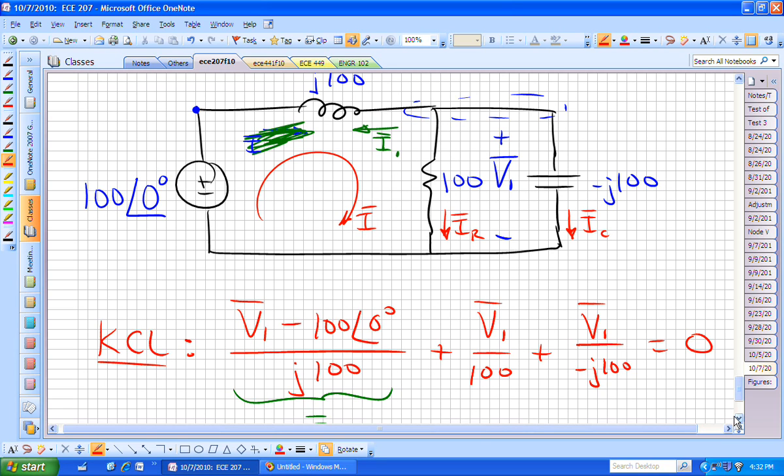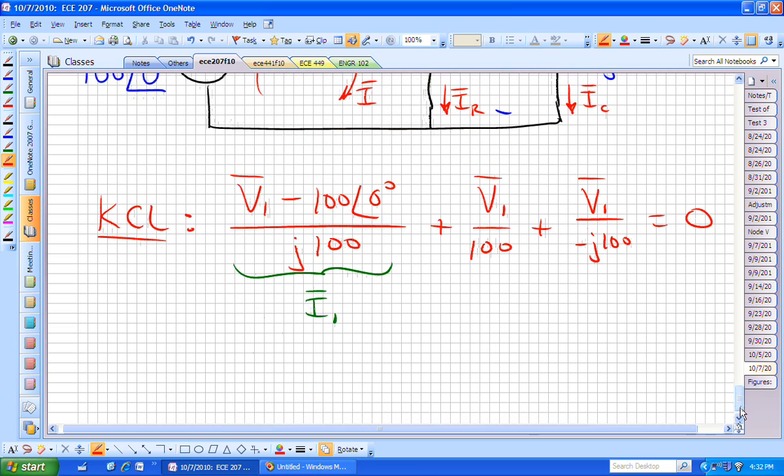Other questions? Now we just have to do the algebra. Let's collect all the coefficients that scale or multiply V sub 1 bar. Meaning, I have a 1 over j100, I have a 100, and I have a 1 over minus j100.